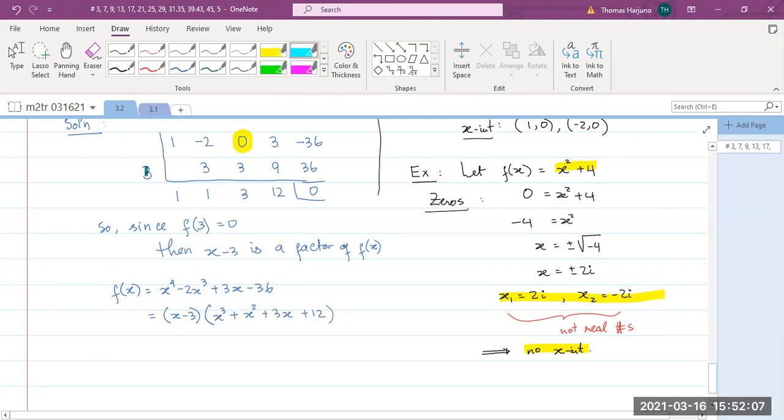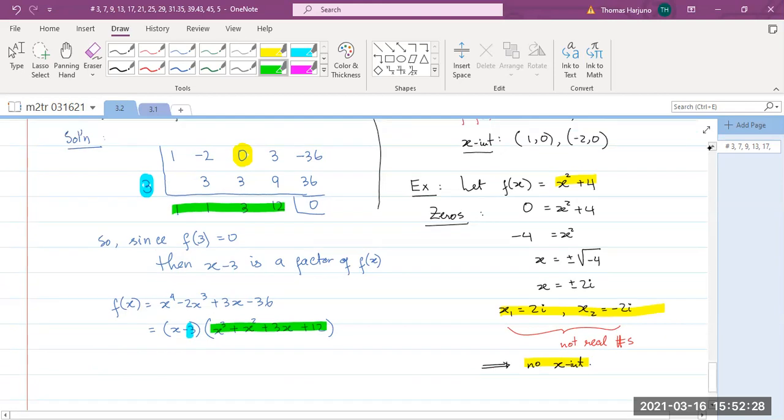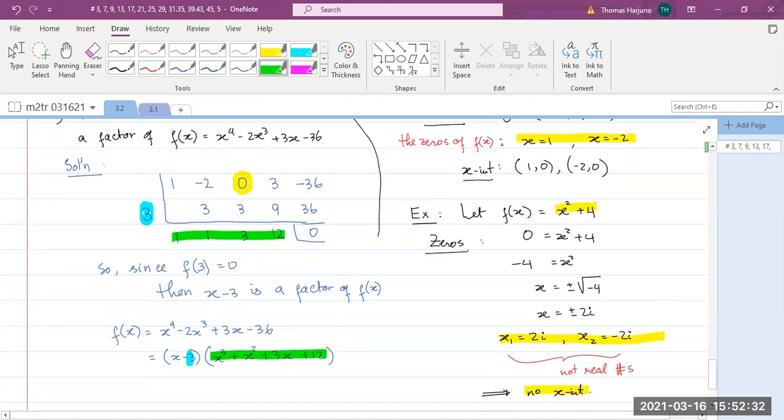So you see this is x minus 3, right? And then these are the coefficients here. Not only did I find that x minus 3 is a factor, I can even go further: polynomial f(x) is x minus 3 times what?